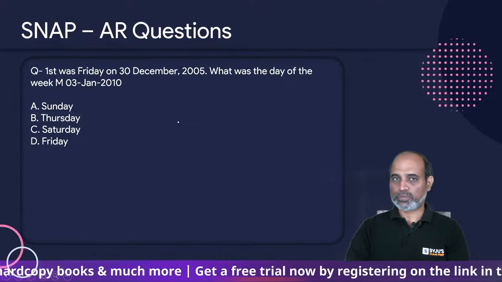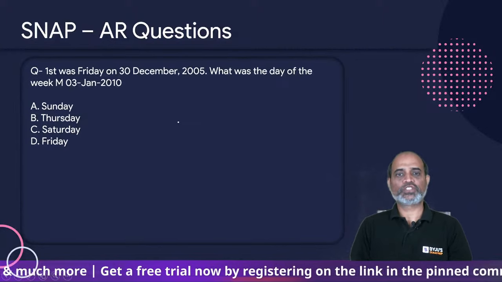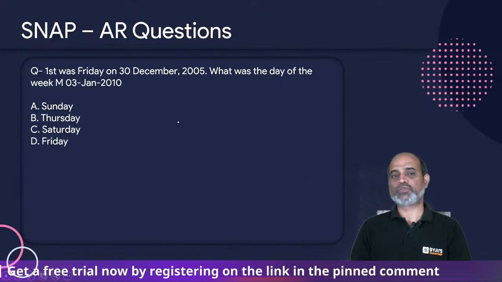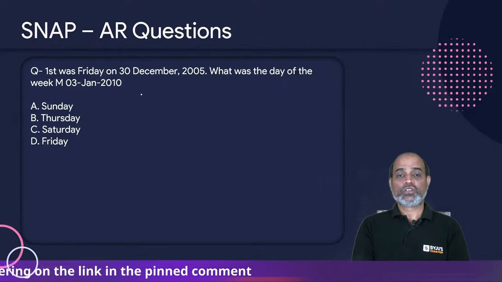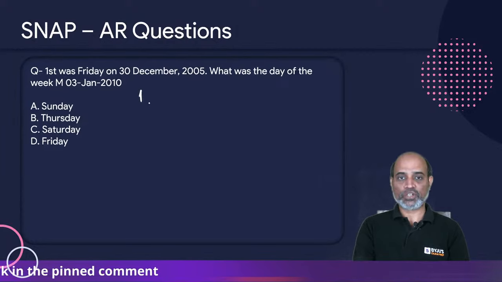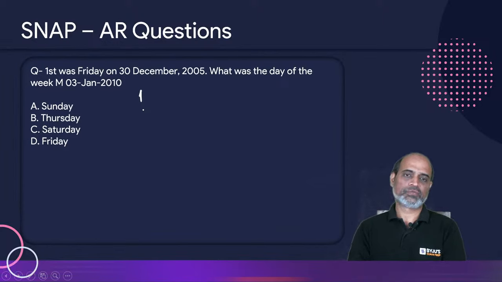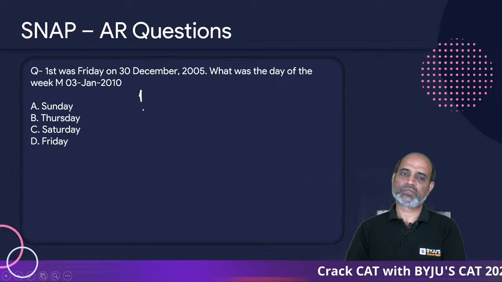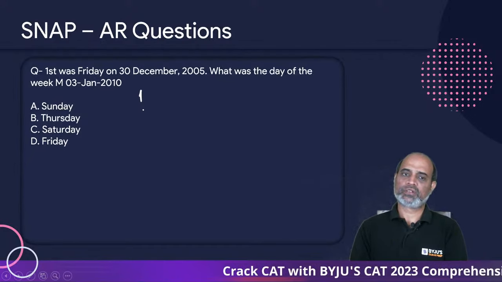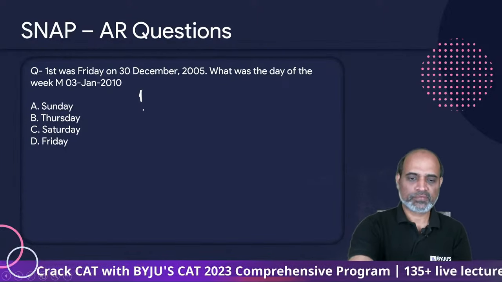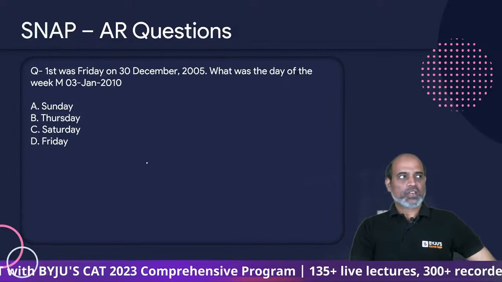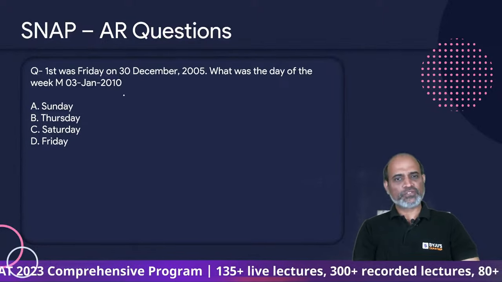For example, this is a question based on calendars. First was Friday on 30th December 2005. What was the day on the week of 3rd January 2010? There seems to be some typo in the question. 30th December 2005 was Friday.